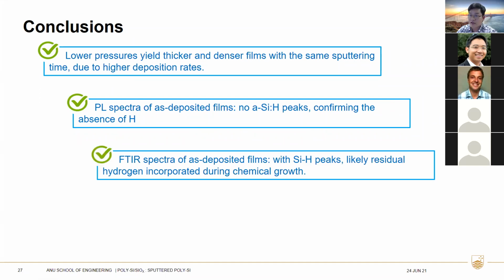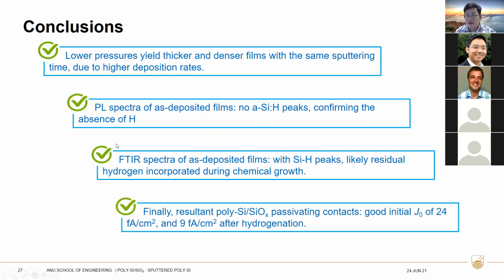But the FTIR spectra of the sputter deposited films show the silicon hydrogen peak. It's likely due to the residual hydrogen incorporated during the chemical growth of the oxide. And finally, the resultant polysilicon passivating contact shows a good initial J naught of around 24 femtoamps per centimeter squared, and after hydrogenation, that is 9 femtoamps per centimeter squared.